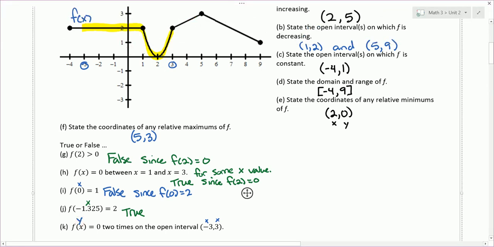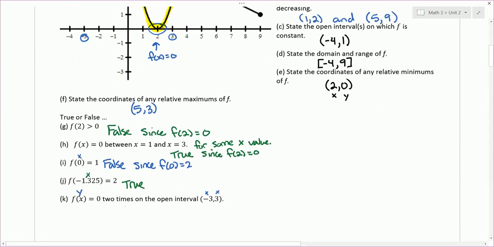This relative minimum at (2, 0) that I circled is a point where the function is equal to 0. But there's no other spot where that function's coming down and hitting the x-axis and having a y value of 0. And so we have to say that this is false. If it said 1 time, we'd say true, but it's false. F of x equals 0 only 1 time.